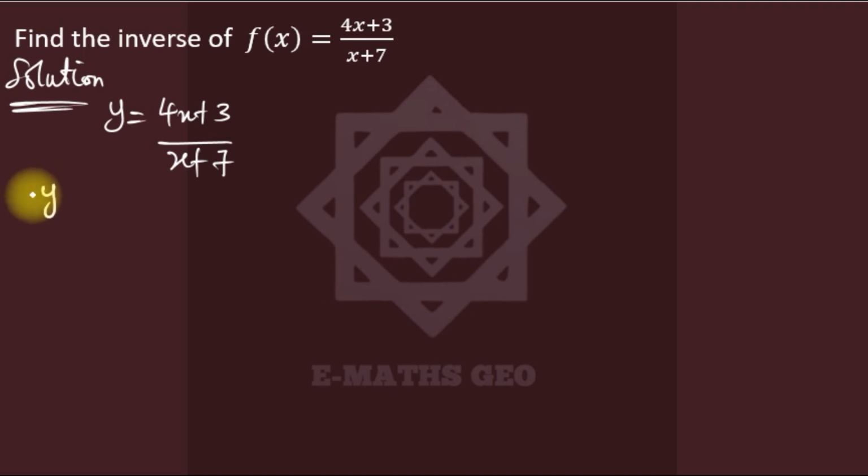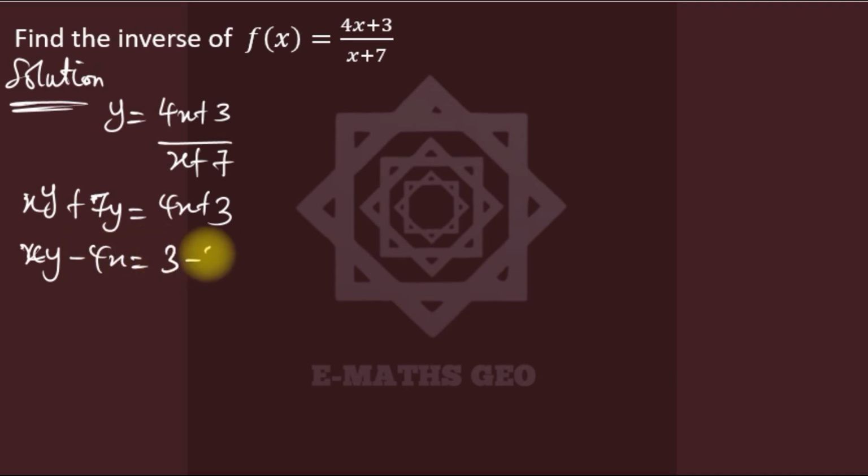We have y times that plus 7y is equal to 4x plus 3. I have x and I have x, so I factor. Let's move it first: 4x, y, this is minus 3, that's 3 minus 7y. So we'll factor x because we are making it the subject of formula.